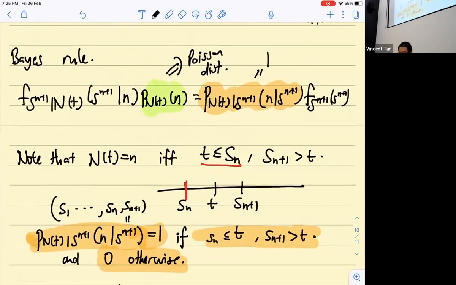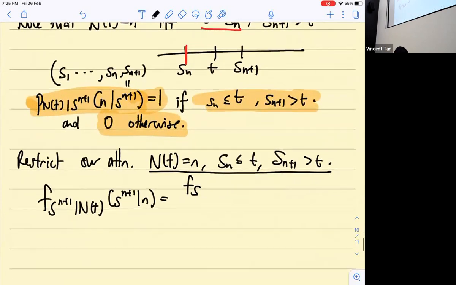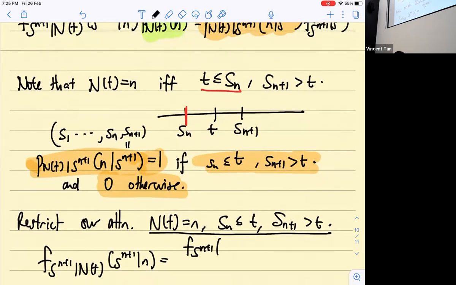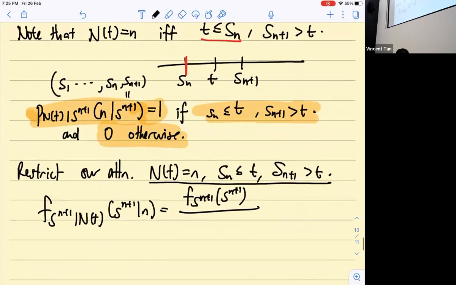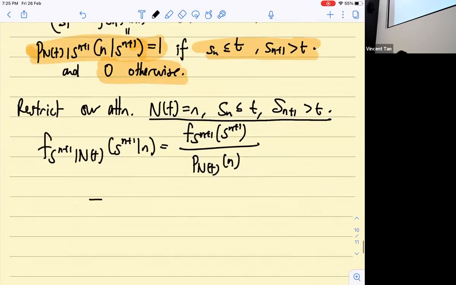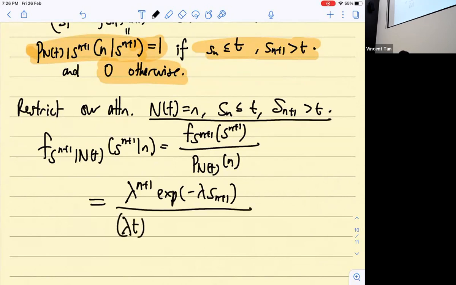So if not, then I can divide f of Sn plus 1 by the Poisson distribution. We already know the top part, that is the joint distribution, which is lambda to the n plus 1 e to the minus lambda Sn plus 1. That is the numerator. The bottom is the Poisson distribution, which is the following: e to the minus lambda t, times lambda t to the n, over n factorial.